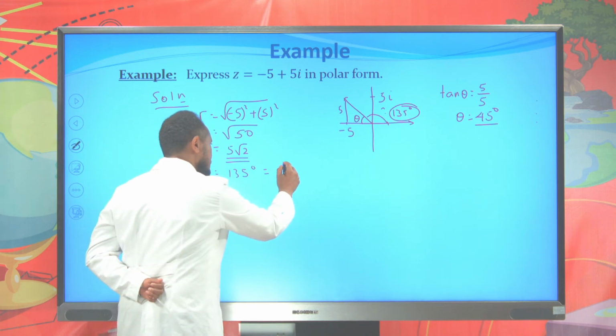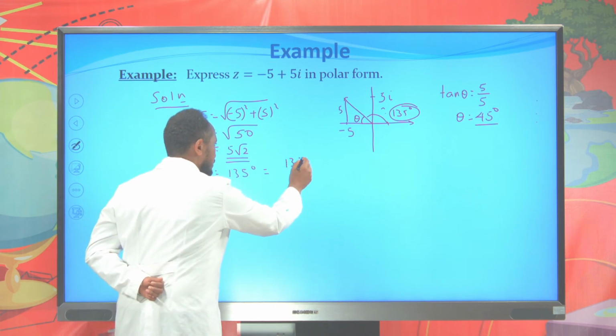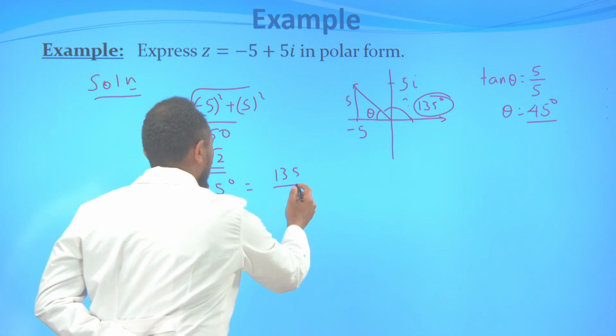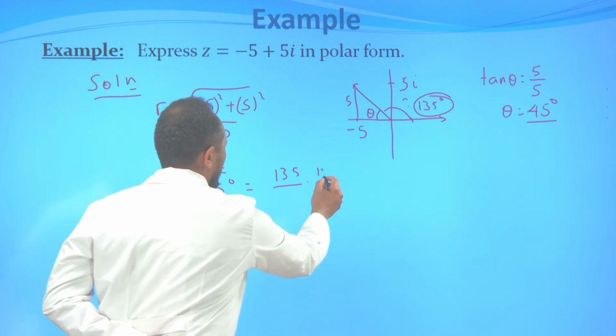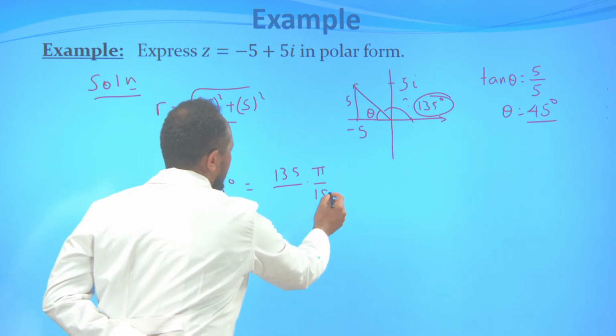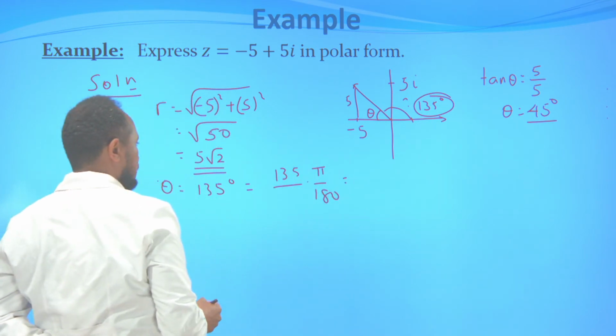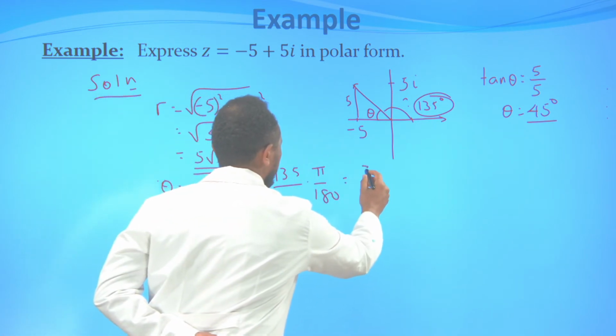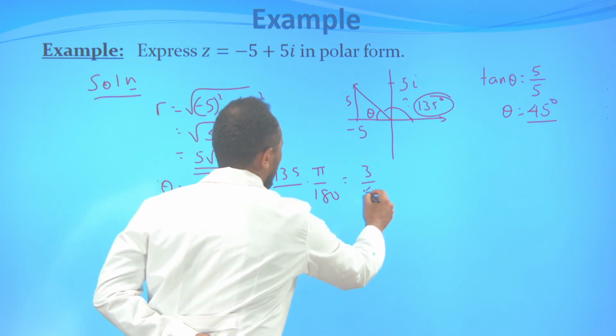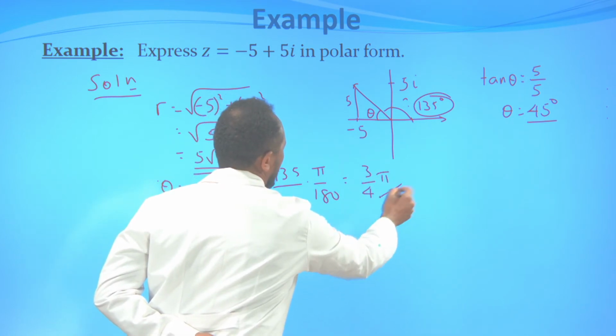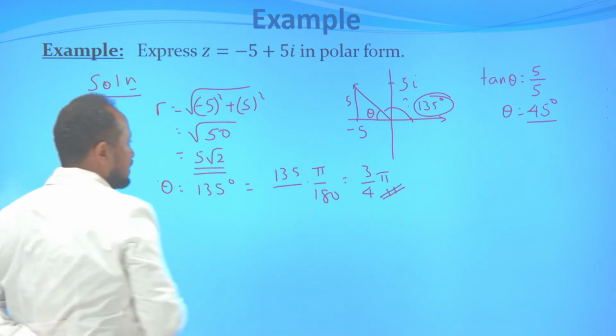When you convert this to radians, you have 135 times pi over 180. By 45 we have 3 45s, and by 45 we have 4 45s, so theta is 3 pi over 4. So this is the argument of this complex number.